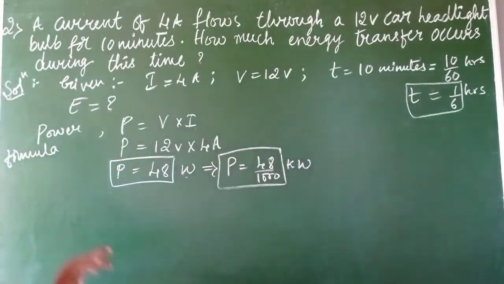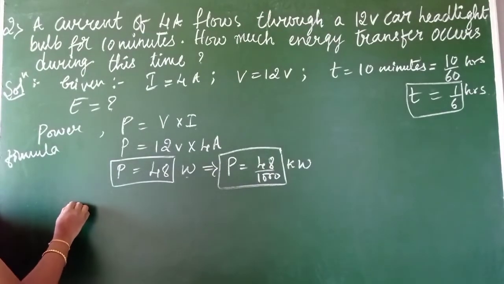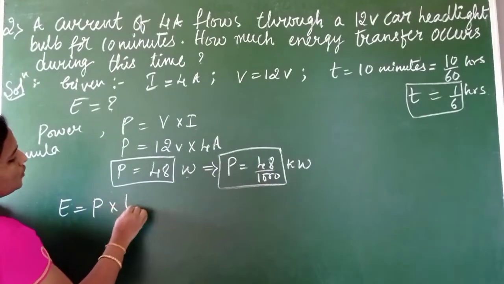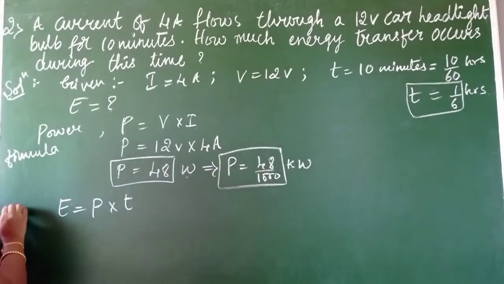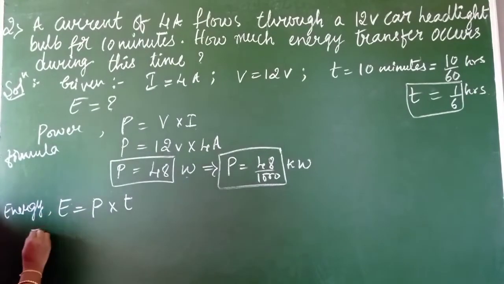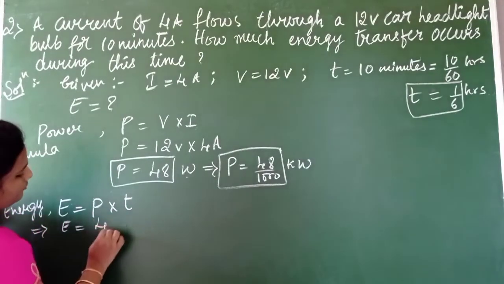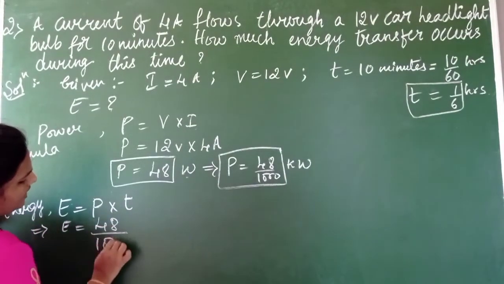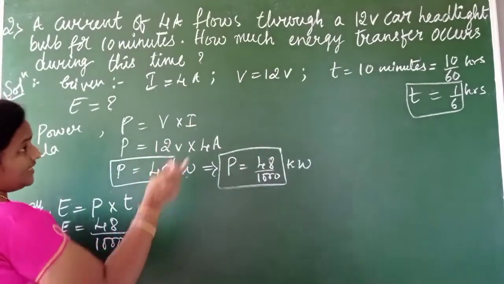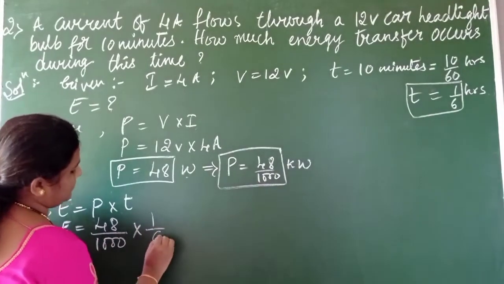Now what we want is energy, that is E is equal to P into T, isn't it, children? This is energy consumption or transfer. You can write E is equal to P value 48 divided by 1000 into the T value, in terms of hours, 1 by 6 hours.